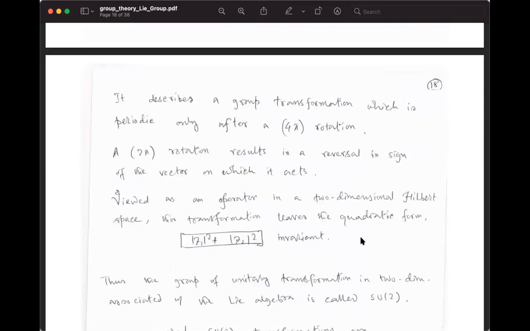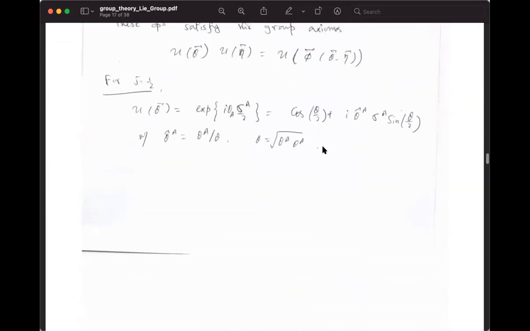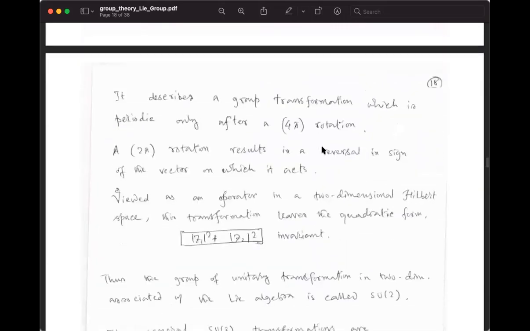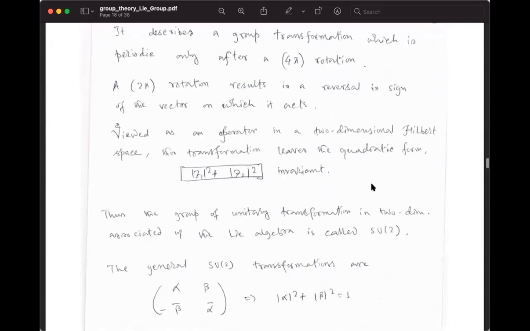A 2 pi rotation, you can see, if you change theta by 2 pi, then it takes a minus sign. That's why it reverses the sign of the vector. If you view this as an operator in a two-dimensional Hilbert space, it leaves the quantity mod z1 squared plus mod z2 squared invariant.